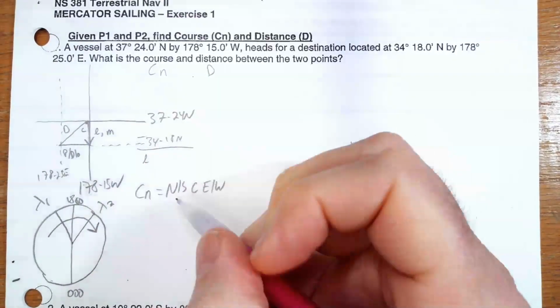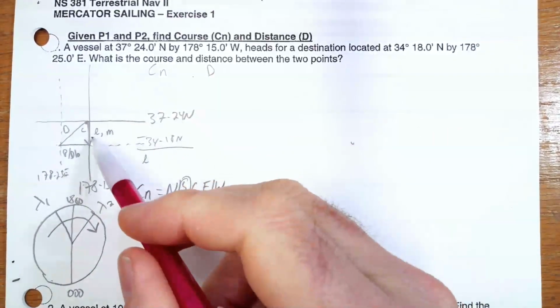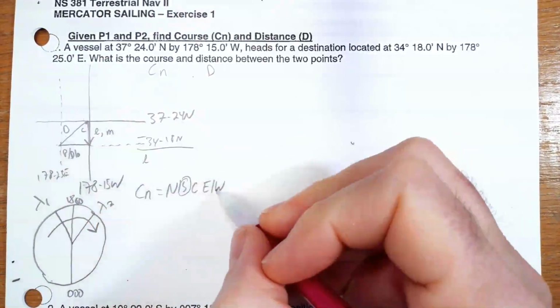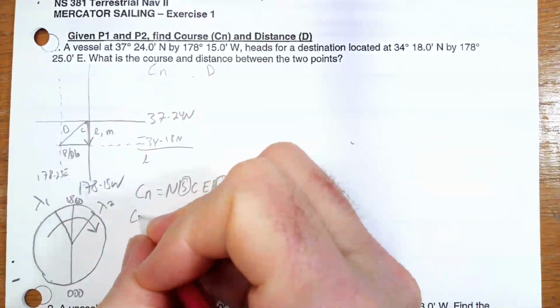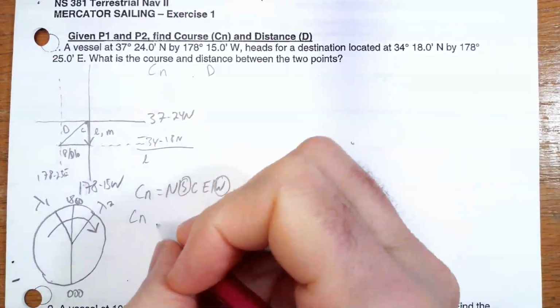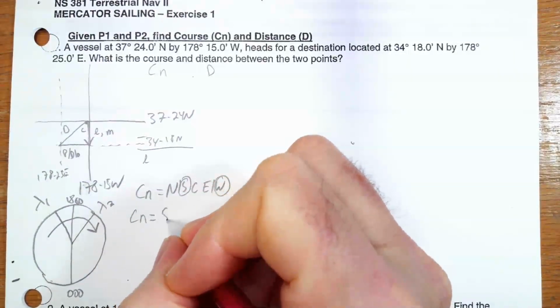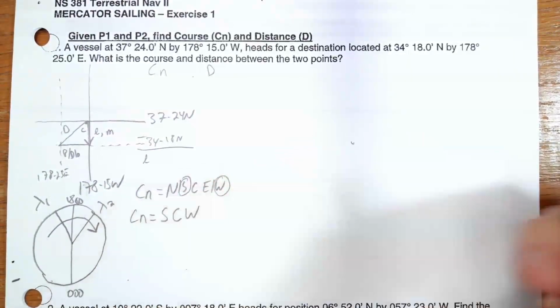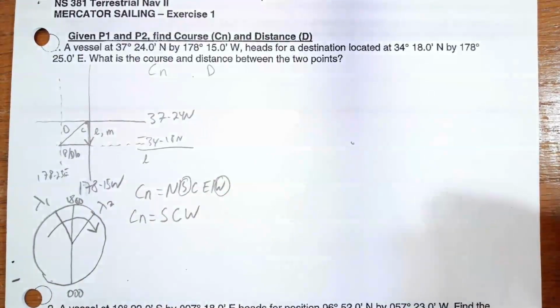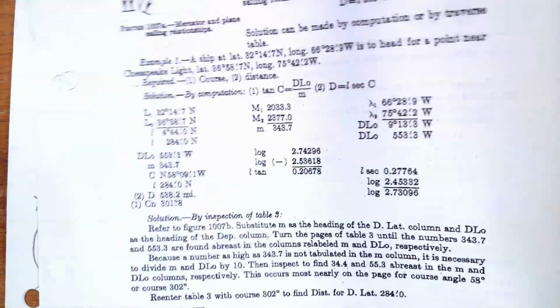So since I went to the south, my prefix will be south, and since I'm going to the west, my suffix will be west. So the relationship between C and CN is going to be CN equals south, C, west, okay? Great, and we'll need that later on. Okay, so now, that being said, let's go to Bowditch and figure out which example we are.